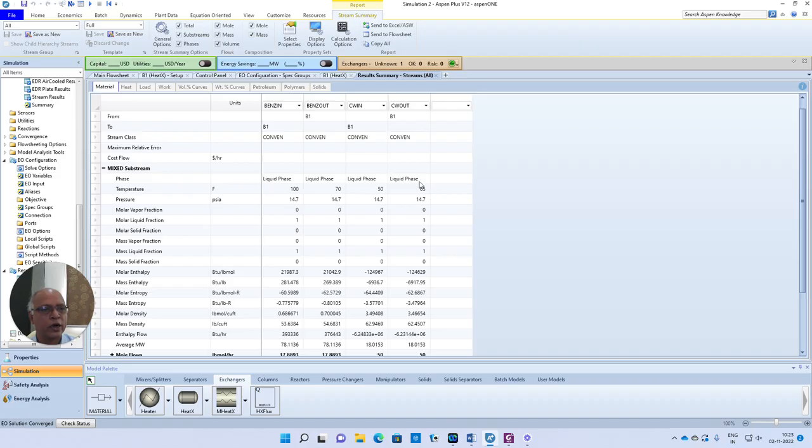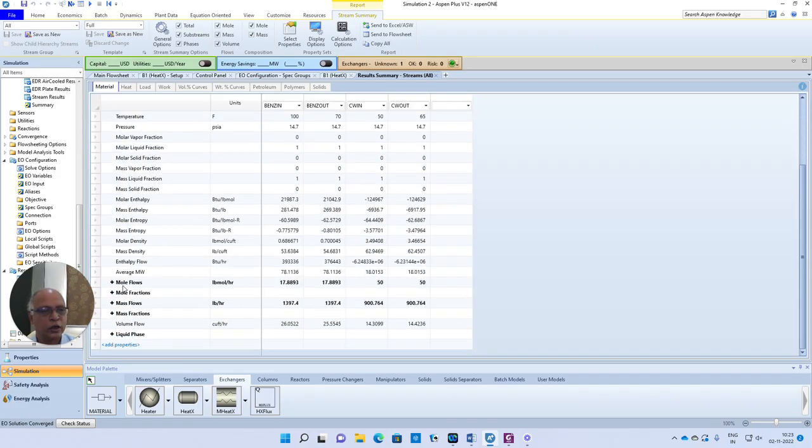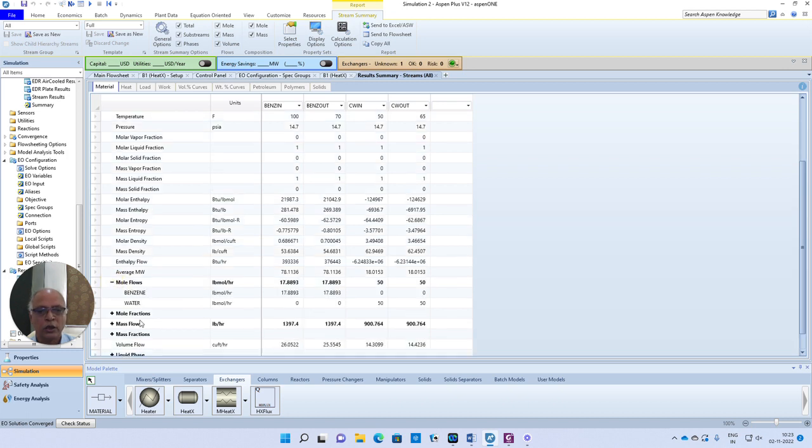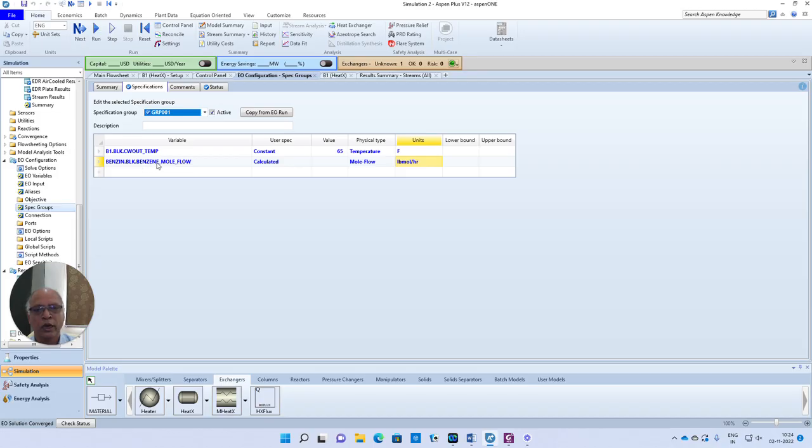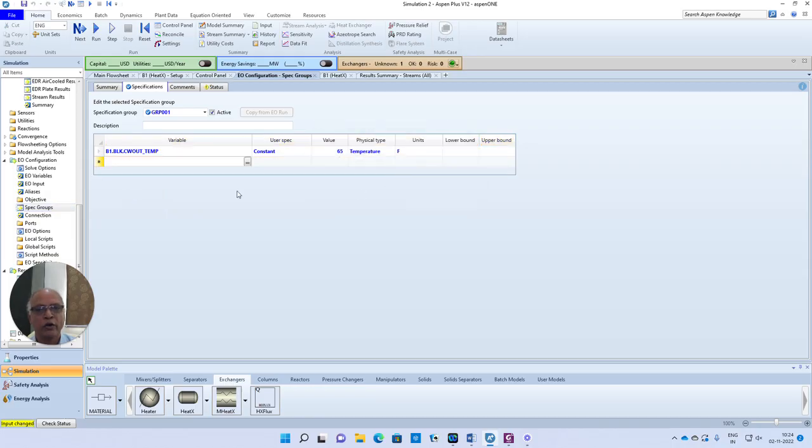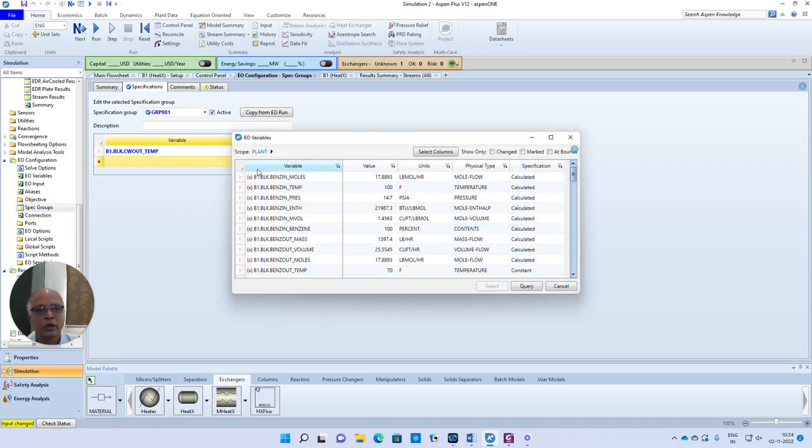So we got the required outlet temperature of cooling water as 65, but what was the flow rate of cooling water? I should have selected not benzene, so this is the problem. I should select the flow rate of cooling water. By mistake, we have selected the flow rate of benzene.